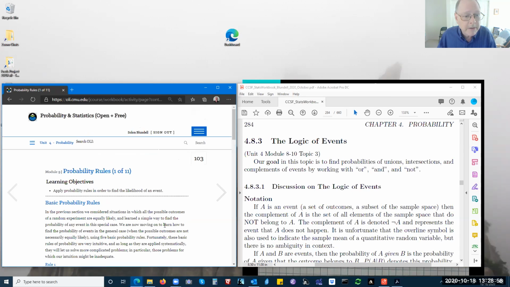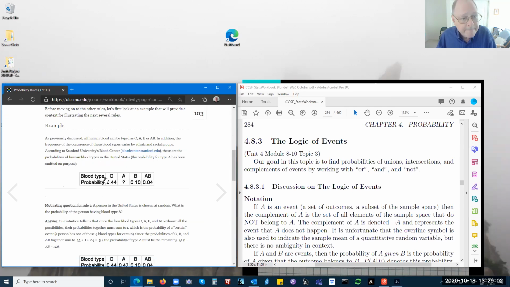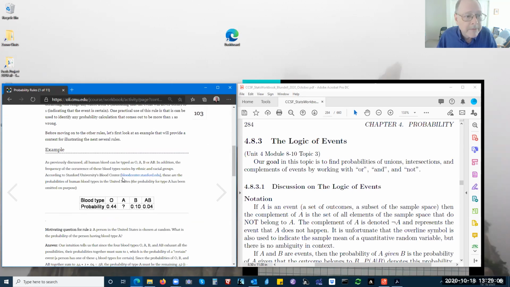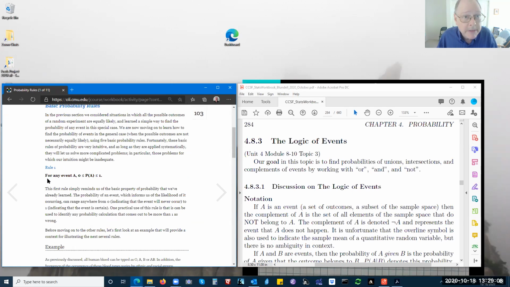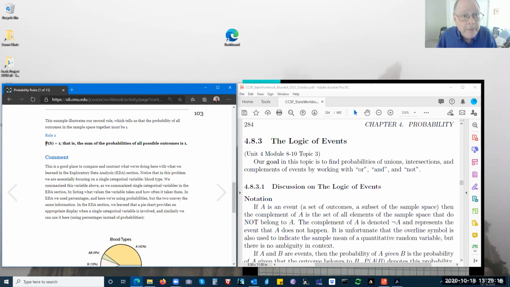So in the textbook on page 103, we're getting some of the axioms back from topic 2, that the probability of any event is between 0 and 1. We get the probability of the whole sample space, the list of all the possible outcomes. The probability that you get one of those has to be 1 or 100%.